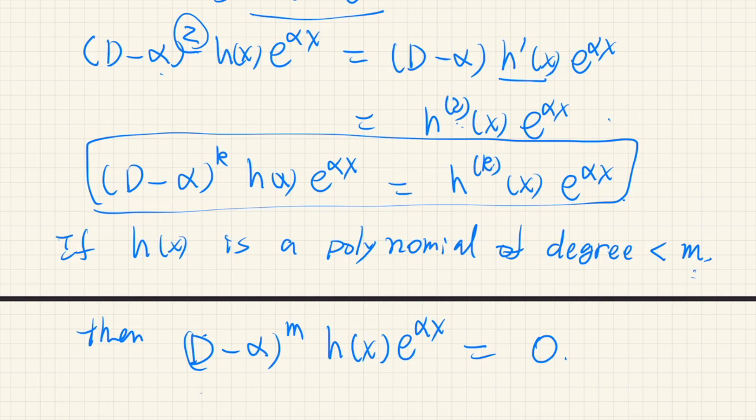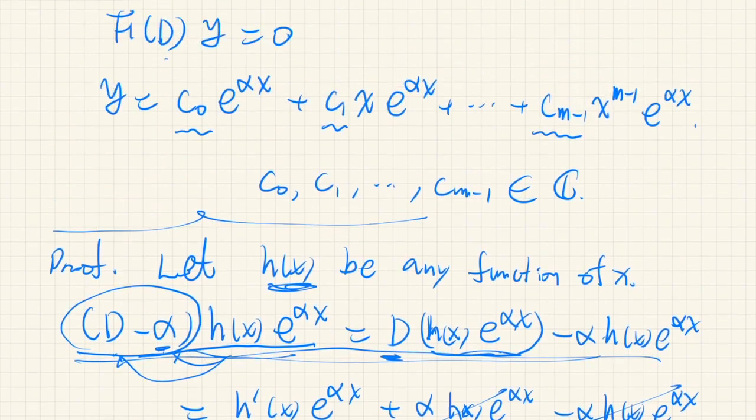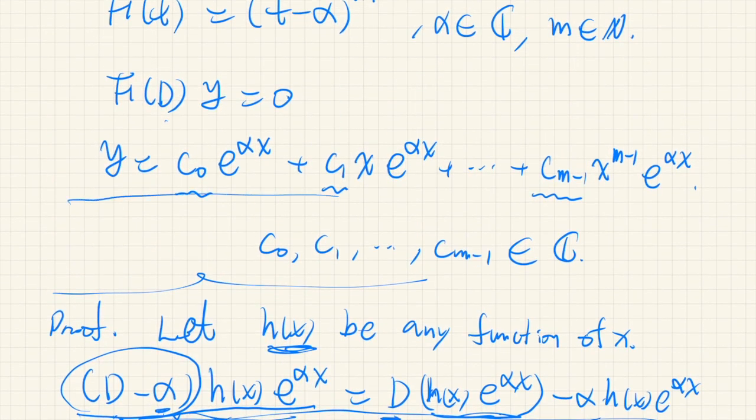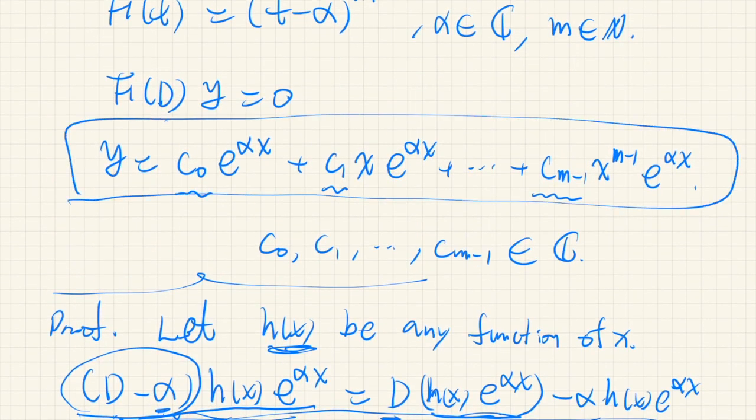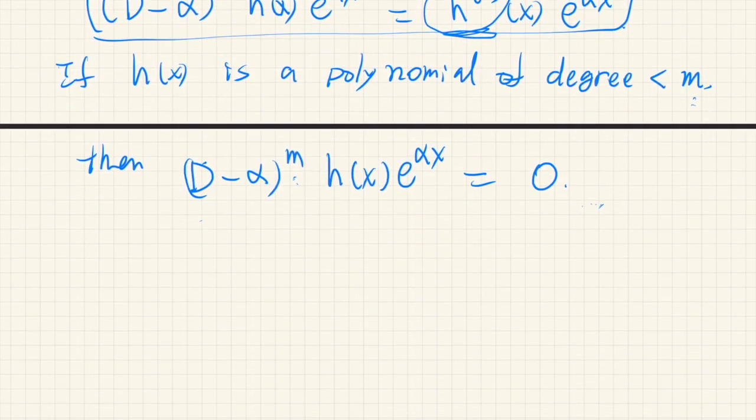If you differentiate m times, then the m-th derivative of h is 0, right? So therefore this should be 0. Okay, so what this means is that the function of this form is a solution. So let's say this is star. So therefore this is a solution.